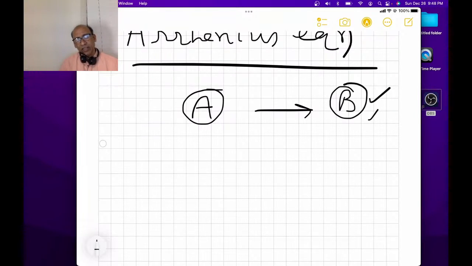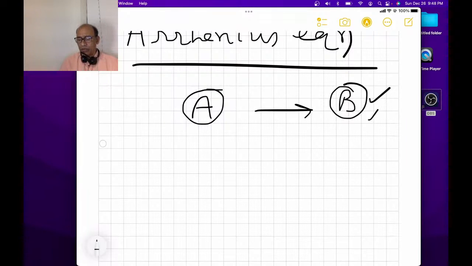Notice that the threshold energy required, or the money required to buy your Lexus car, is 60 lakhs, but normally you have 30 lakhs. The difference between these two, that is 60 and 30, is known as energy of activation, that is provided by the bank.